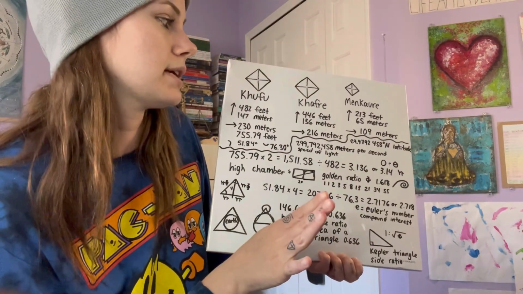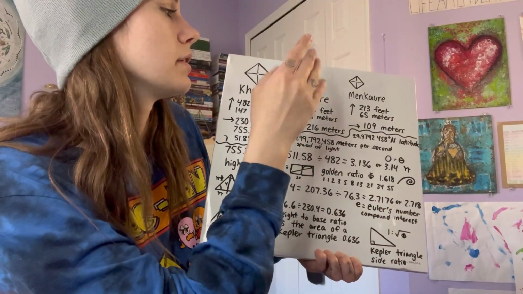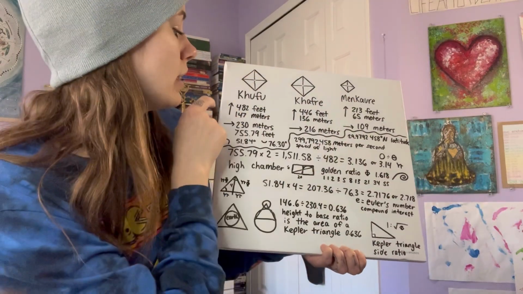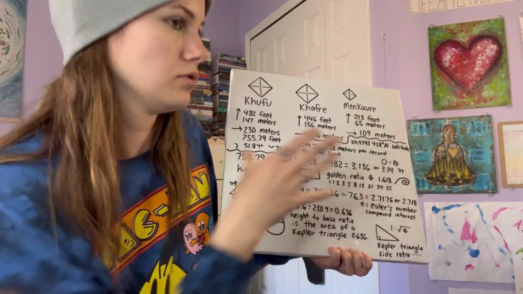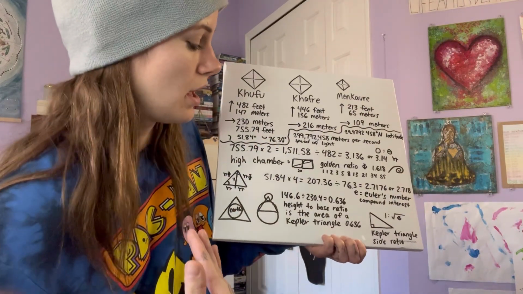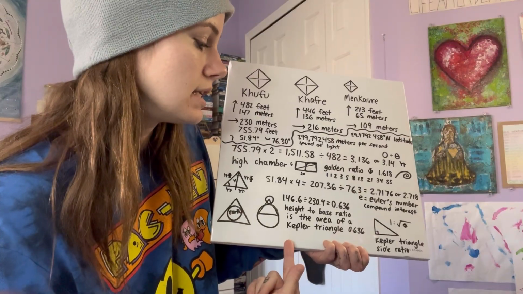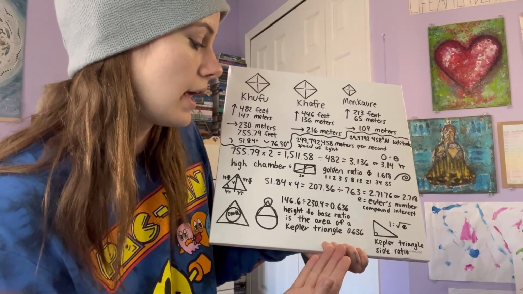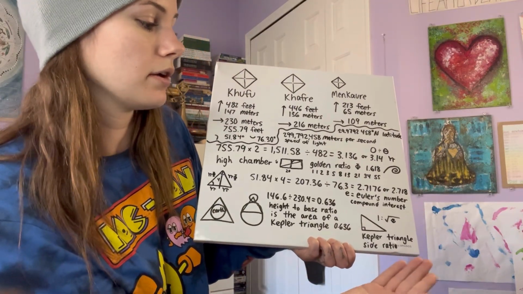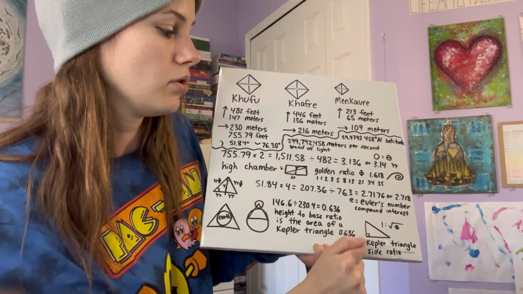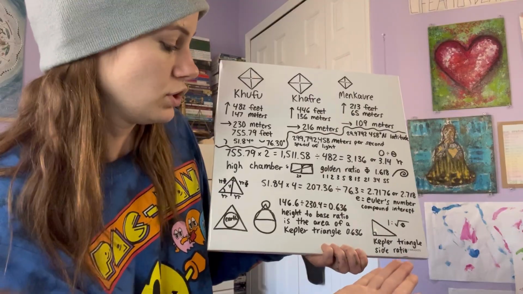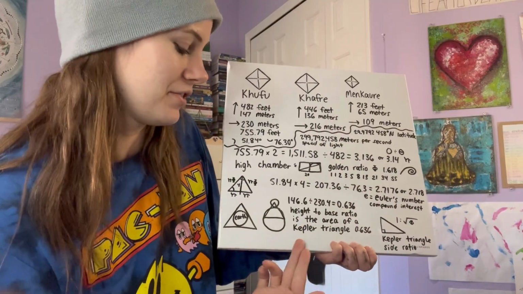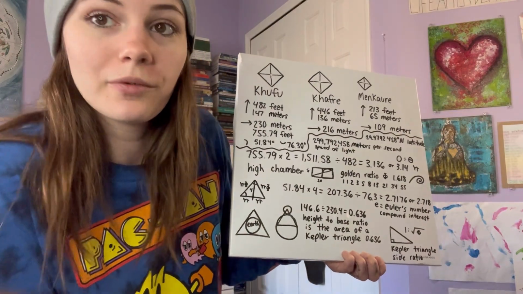It's a little different because I did the calculations for the other two Great Pyramids, but for the Great Pyramid in general, it is actually very similar for those ratios, which it kind of has to be to have a pyramid. But that is the area of a Kepler triangle. A Kepler triangle is a right-sided triangle where the side ratios are the square root of the golden ratio. So that is another amazing mathematical thing within the Great Pyramid.